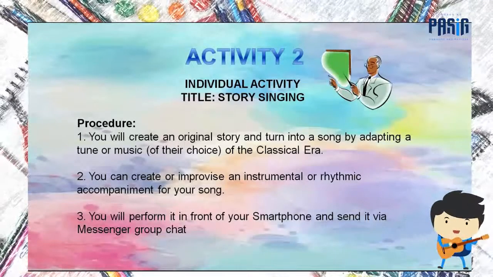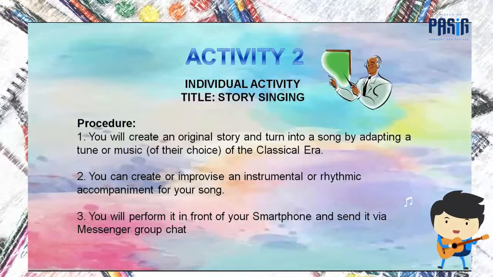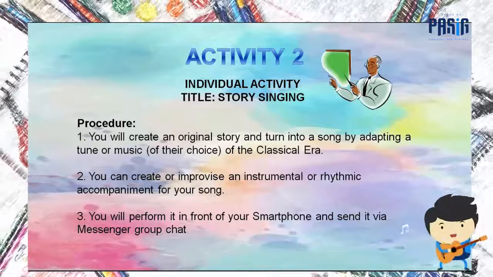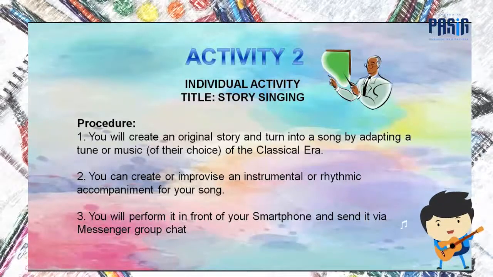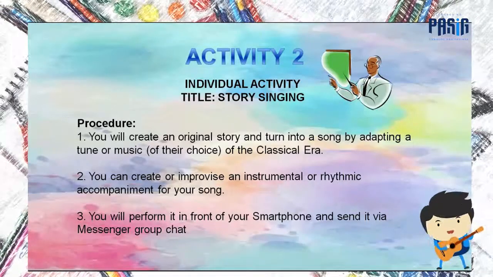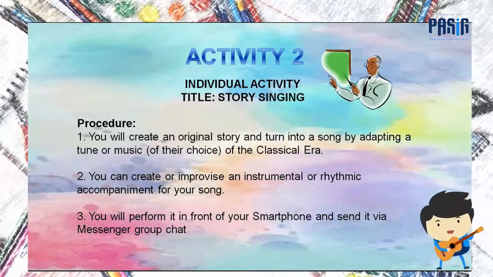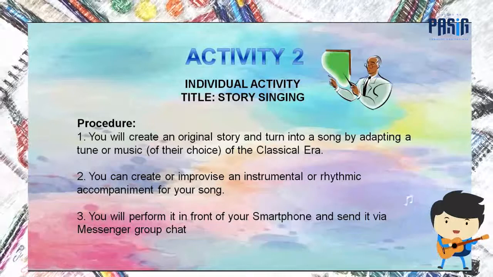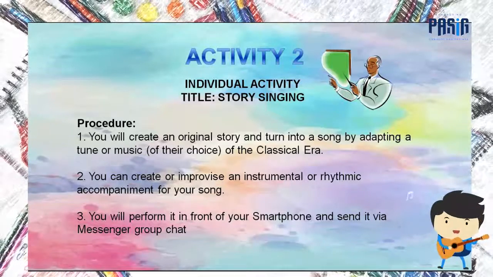This is an individual activity and title is Story Singing. Here are the procedure. First, you will create an original story and turn into a song by adapting a tune or music of your choice of the classical era or period.